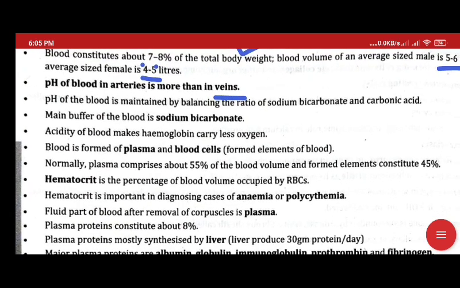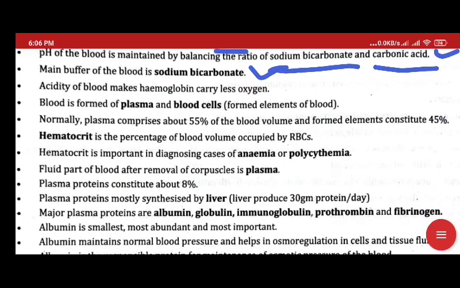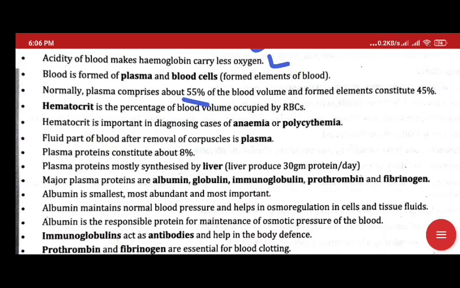Now the buffer solution contained in blood is sodium bicarbonate and carbonic acid, NaHCO3 and H2CO3. The main buffer is sodium bicarbonate, NaHCO3. If there is acidity, then oxygen carrying is low. And 55% is plasma, as we studied in the chart.